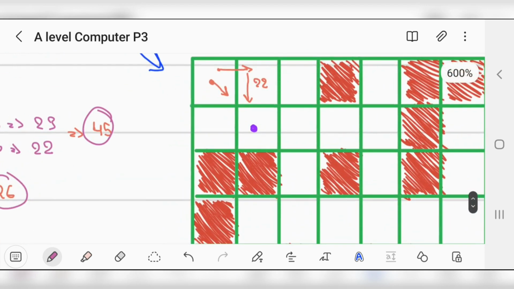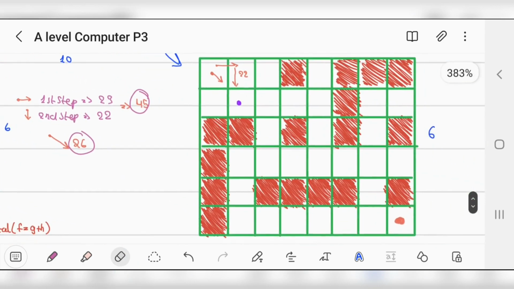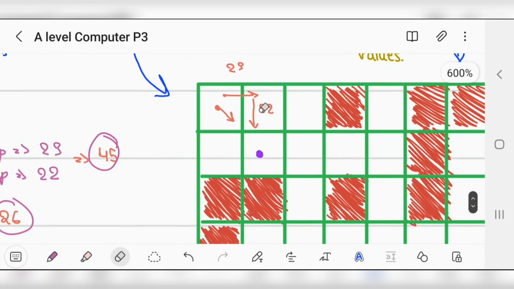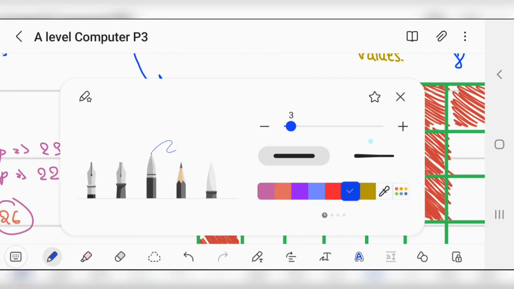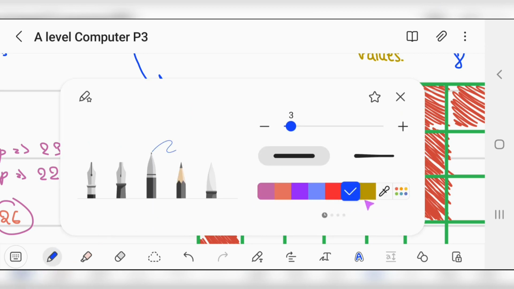So that's what I wanted to show you, and this is how it is done in the textbooks. Now let me show you the final answer. You will go diagonally, and if it is possible go right and down, but right here you will go diagonally.